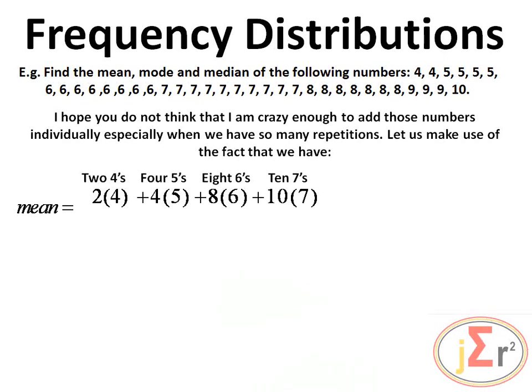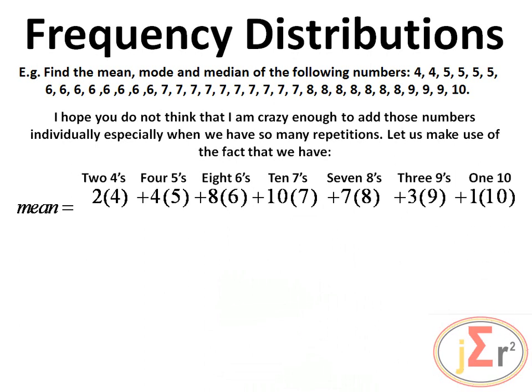And how many 8s? 7 8s. And 3 9s. 1 10. Right. Now, if we had to do this and to put the addition sign between all of those numbers, the screen would not be wide enough. Right. And we are going to divide that by the number of entries.